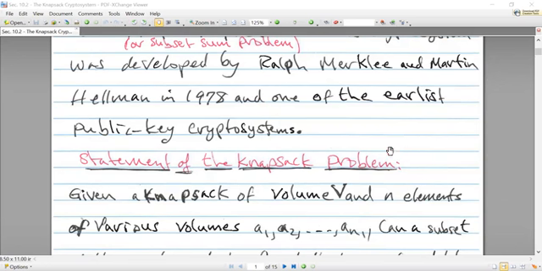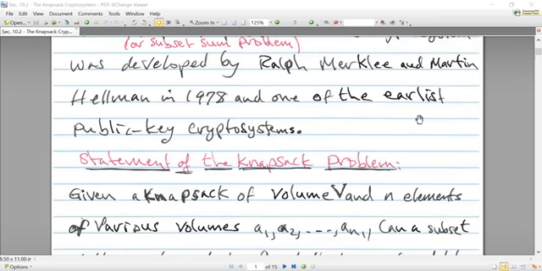Later on, they found there is a way to solve this special type of knapsack problem associated with the crypto system that is known as the knapsack public key crypto system.